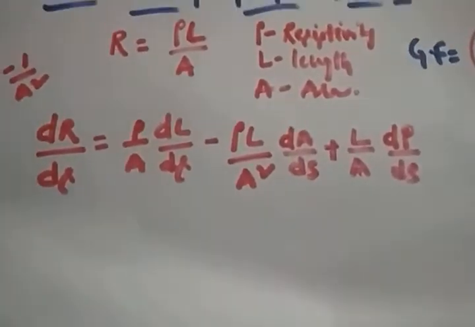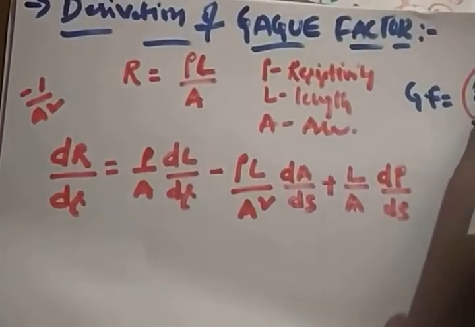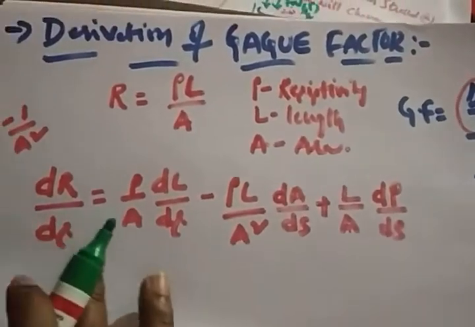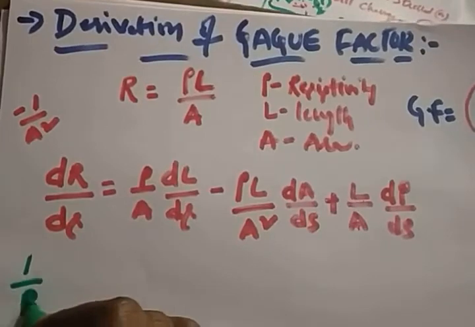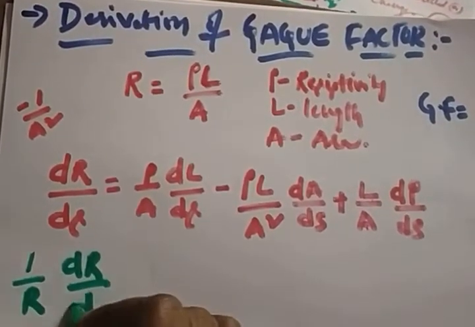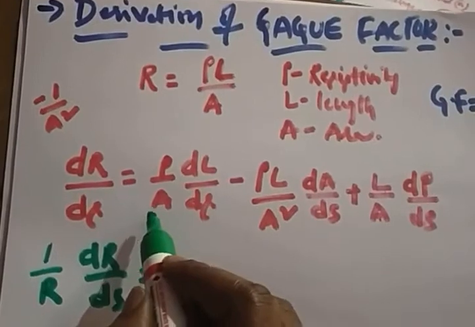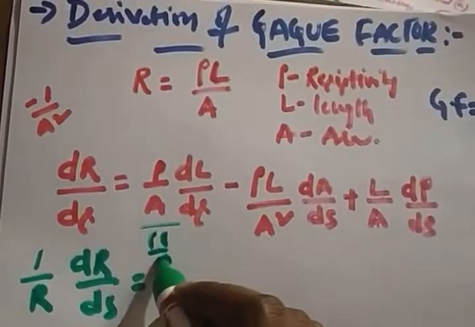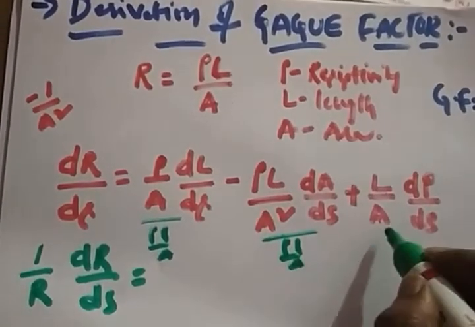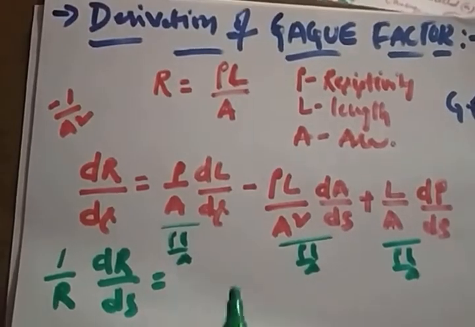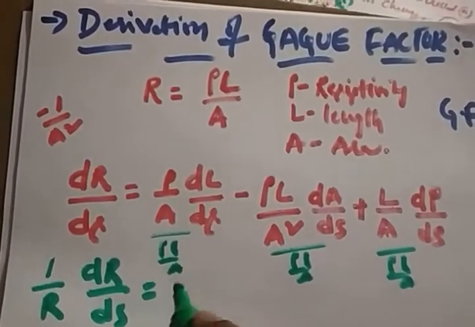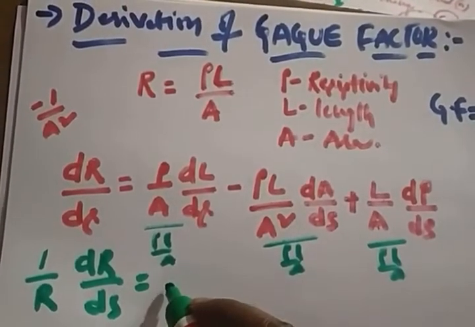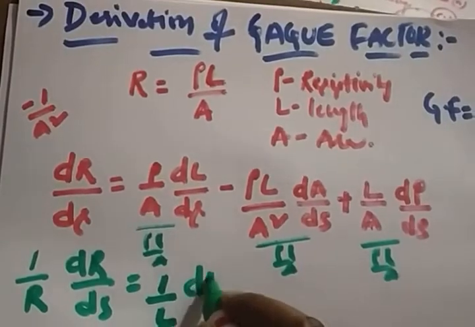Now the whole equation is divided by R, so just apply 1 by R. R is nothing but rho L by A, so we divide by rho L by A. Then rho by A cancels and you get 1 by L, dL by dS.